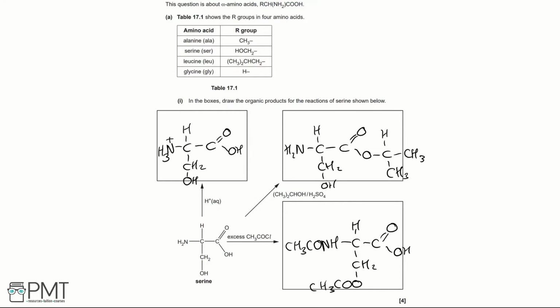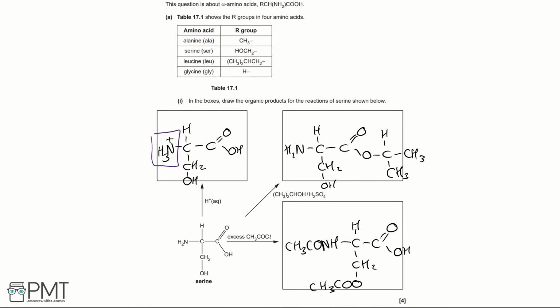Now I'm just going to highlight the marking points of this question. So when reacting serine with H+, and noticing that you form NH3+, this product gets you the mark. Having it fully correct will get you a mark.